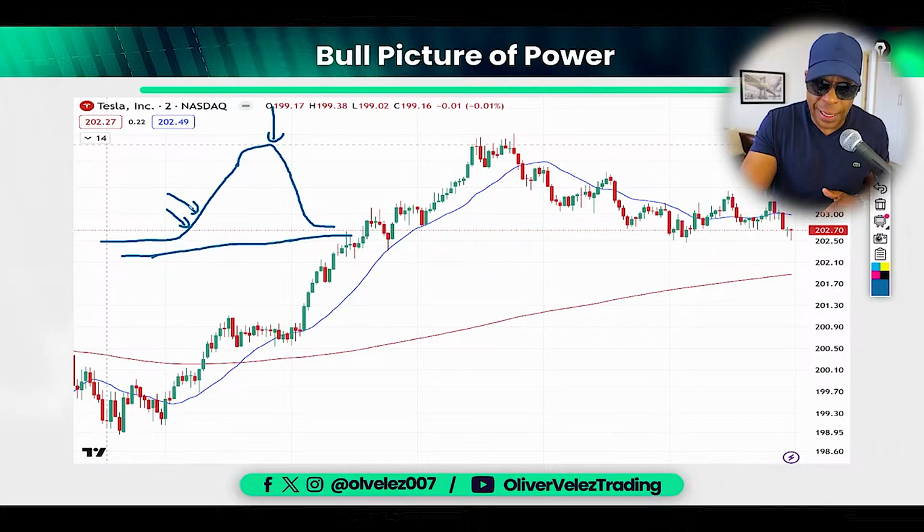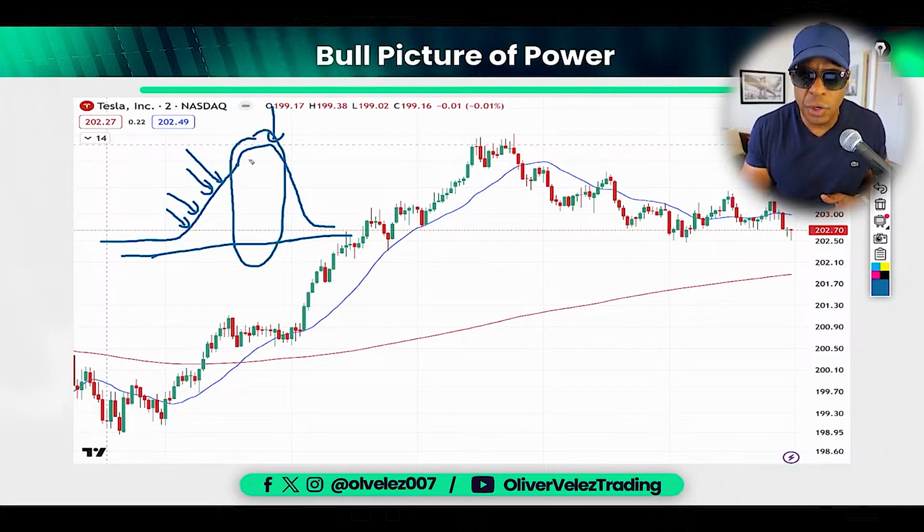You want to play the game there. You want to play the game there, maybe there. But when you start to get too separated, the game is over. No more buying power bars. No more buying color changes when the separation is too far. When the child, the 20-period moving average, is too far from the parent, the parent is going to call the child back in.